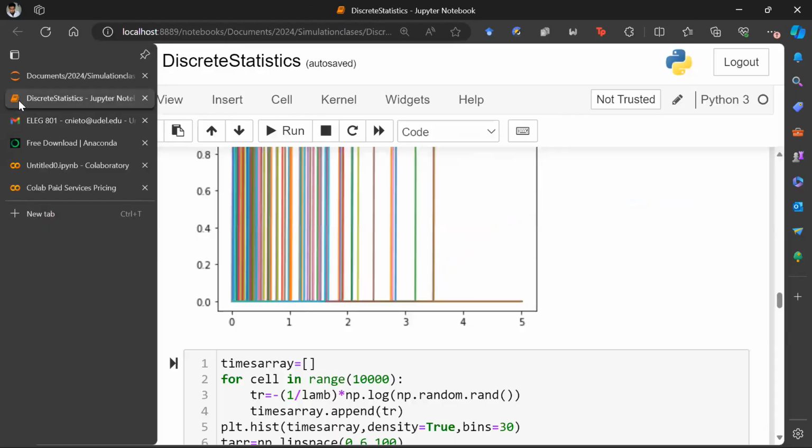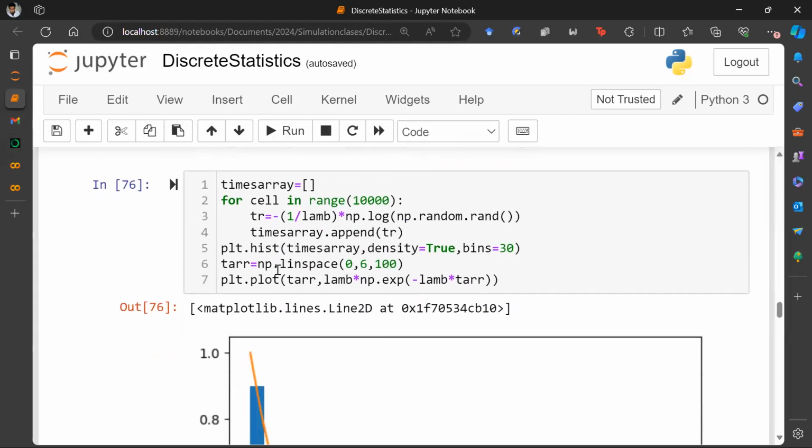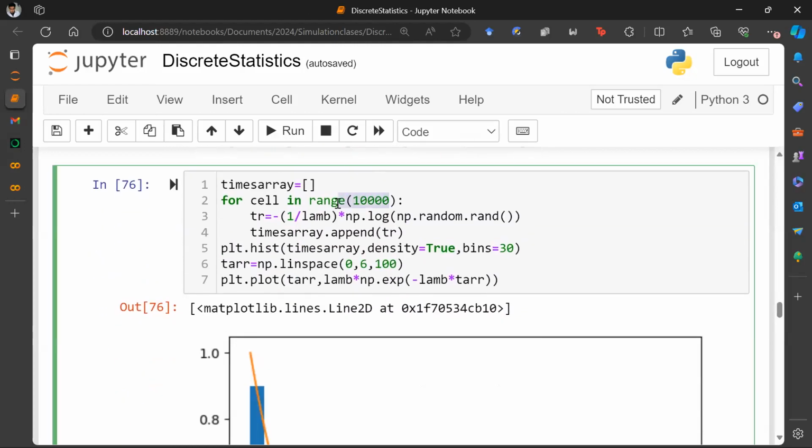Okay, so in the script I sent to you, you do the same. For 10,000 cells, you generate a random number with this formula, minus 1 over lambda times the logarithm of a random number, and we save the time in this array, and plot the histogram, and compare it again with the exponential distribution.